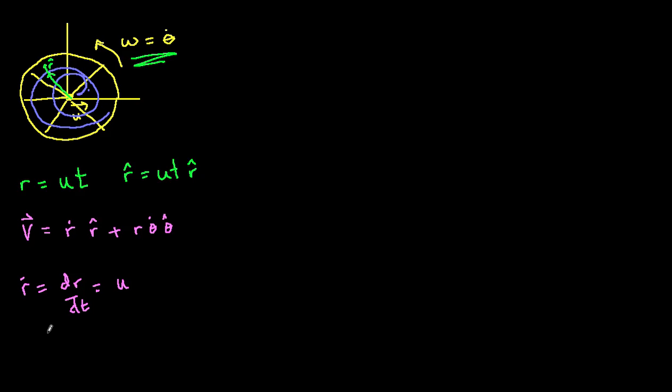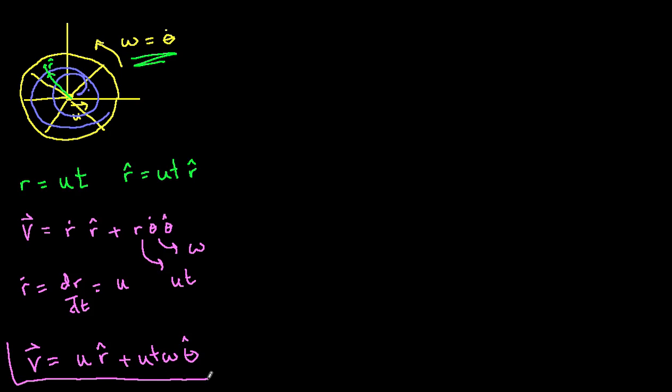Theta dot we know is omega, and r is ut. So if we put that all together, we get velocity equals u in the r hat direction plus ut omega in the theta hat direction.